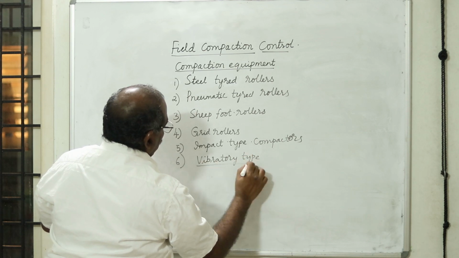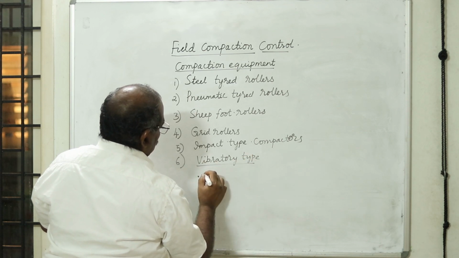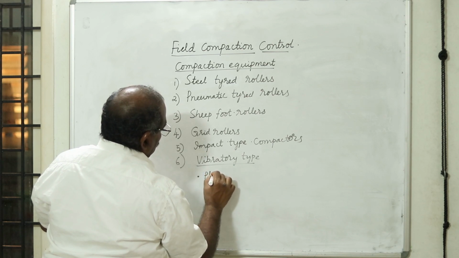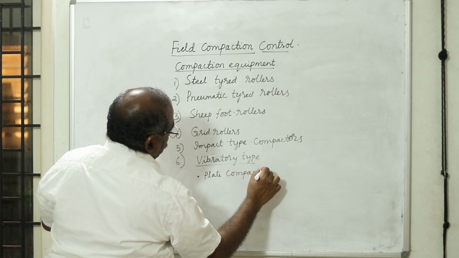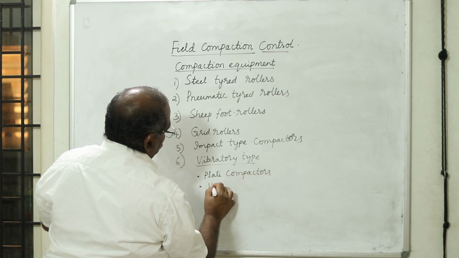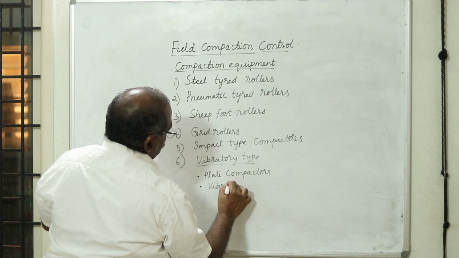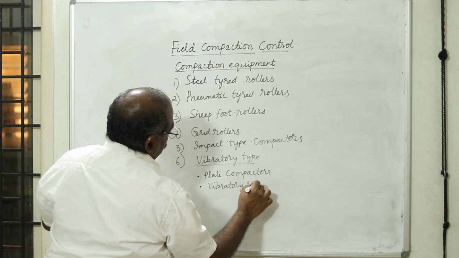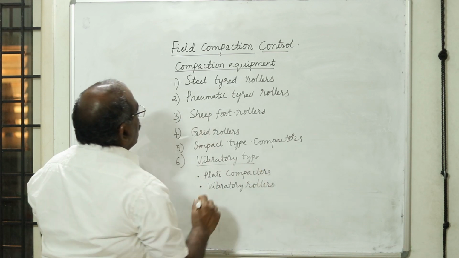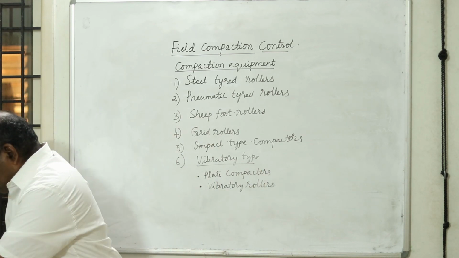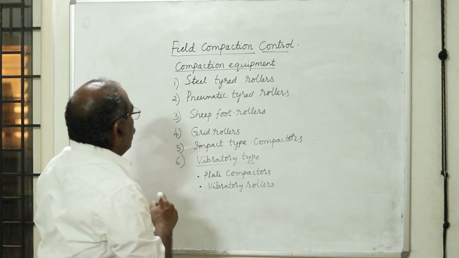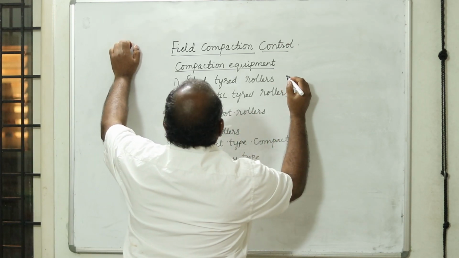For narrow areas you got plate compactors. Got vibrated rollers. Now let us see why we have got different types of rollers. It's quite obvious because we got different types of soils.